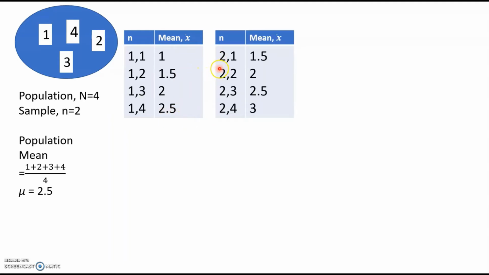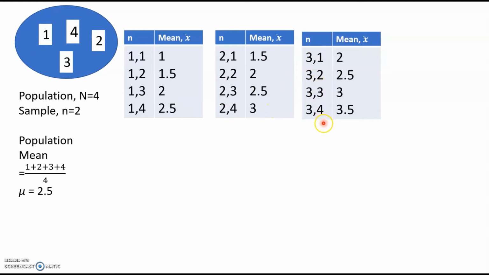Let's look at all the combinations with the 2. If 2 is the first value and 1 is the second, then here you have 2 as the first sample and 2 again drawn as the second sample. So you have all the combinations and their means.